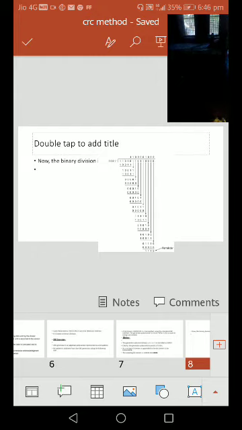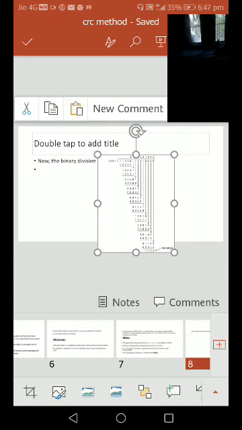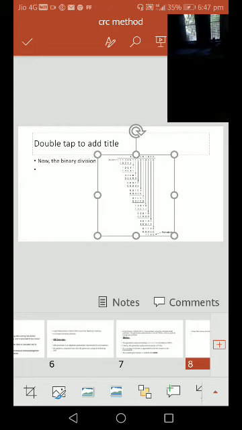Otherwise, again, at the receiving end, the remainder bits are added to the original data, and we simplify by binary addition operation.